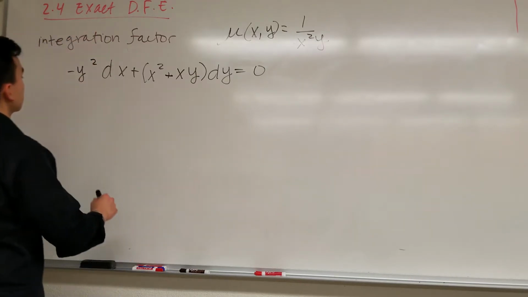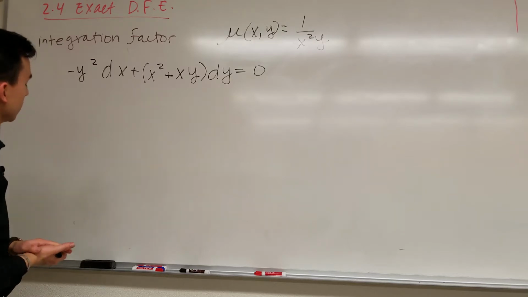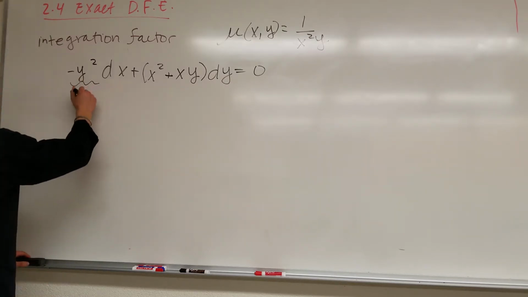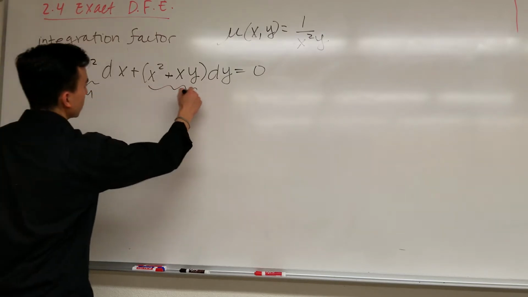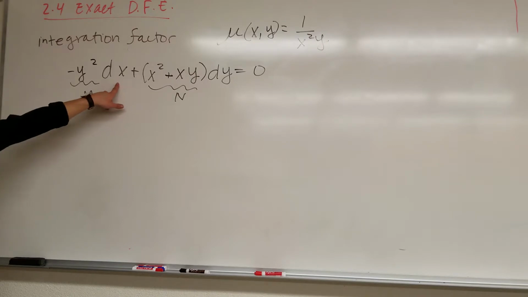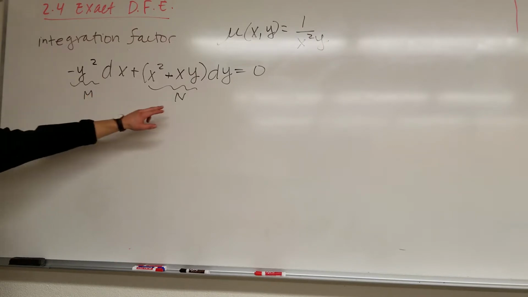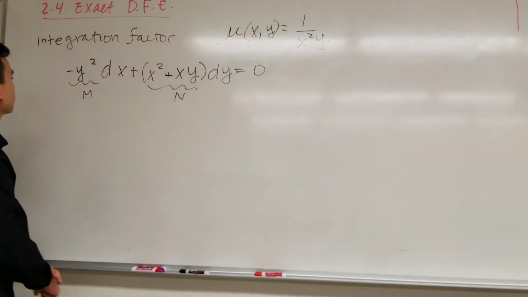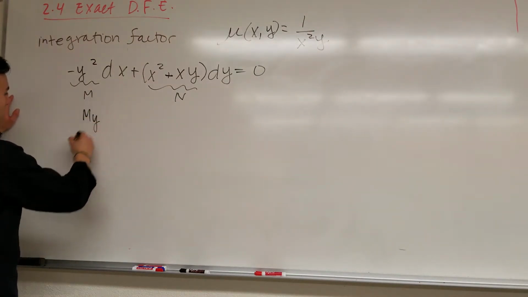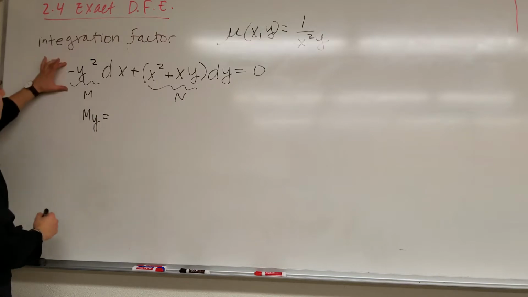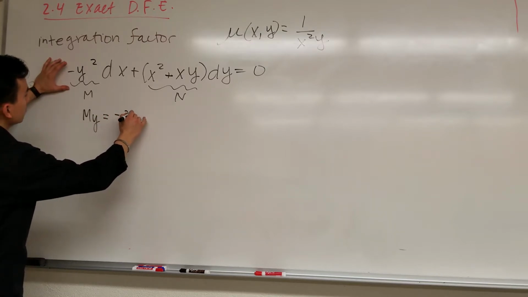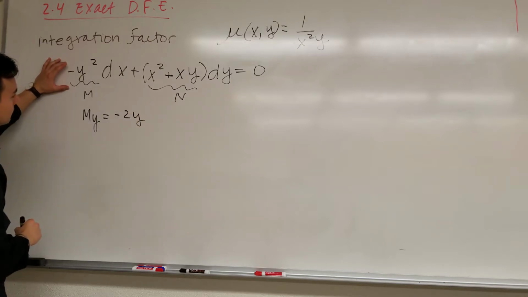So let's figure out if this equation is exact or not. So this is my M, this is my N, and like I said, M is usually paired up with the dx, and N is usually paired up with dy. So if I take my partial derivative of M with respect to y, I'm going to get negative 2y.